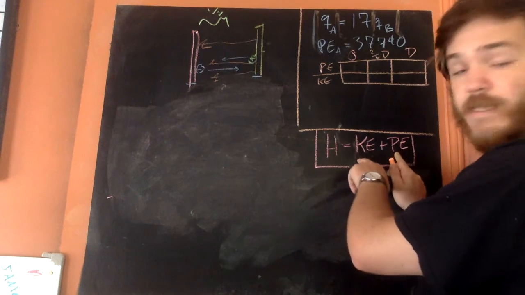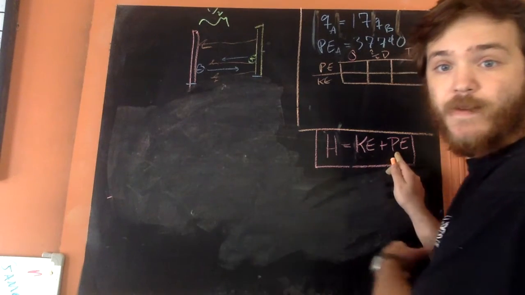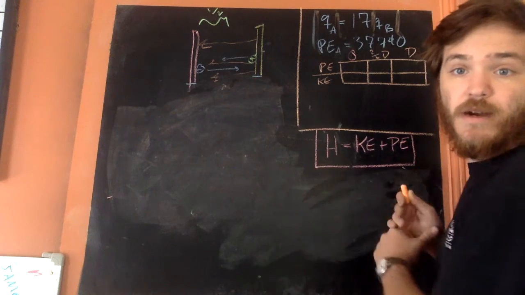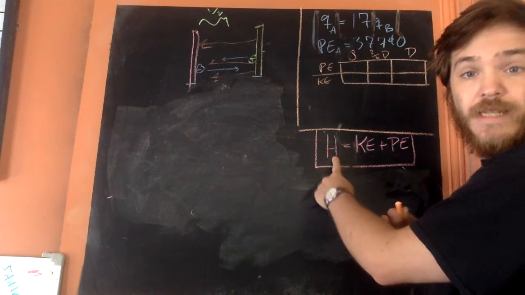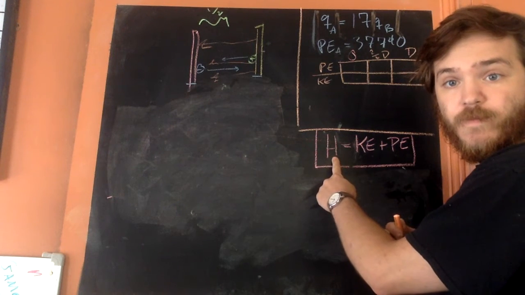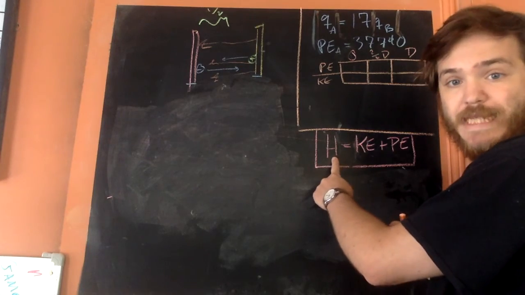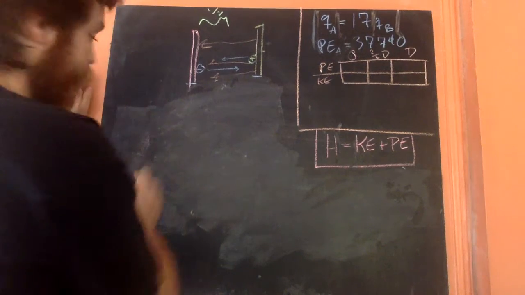And what we know is that unless there's some other loss of energy, which in this case there isn't because they're floating sort of in midair, then the Hamiltonian is a constant. So what this means is we can set all of our equations to a constant.